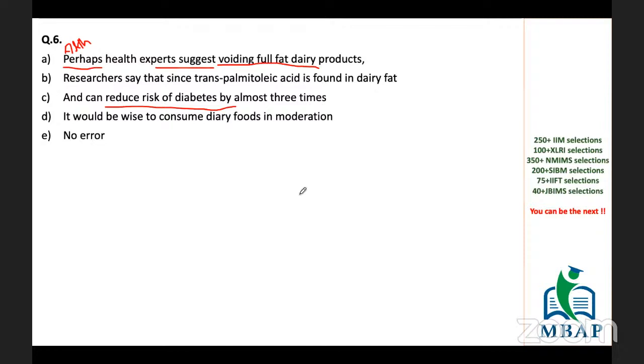Again repeating the topics: tenses, modifiers, subject verb agreement, parallel construction, and punctuation. You can practice these topics and solve the maximum number of questions on the basis of these topics only.